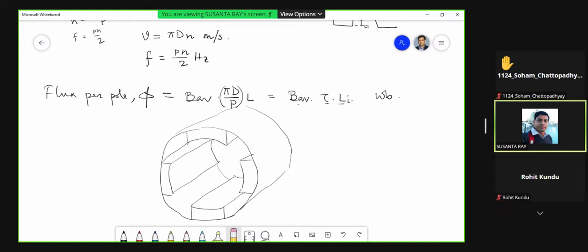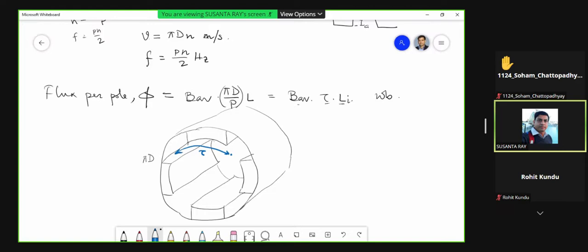So these are the poles. Now you see that the total peripheral length is pi D, and the length per pole is pi D by P. You take two similar points and measure this length.